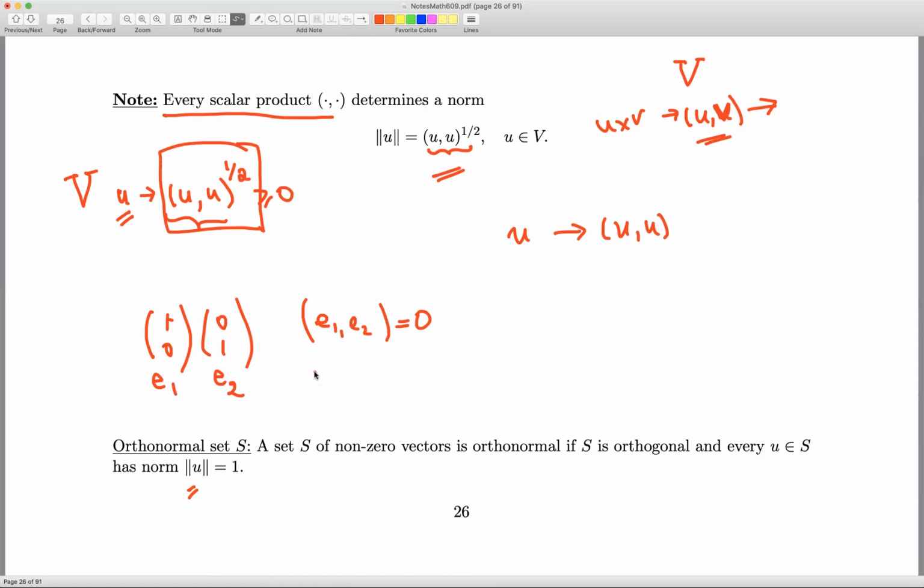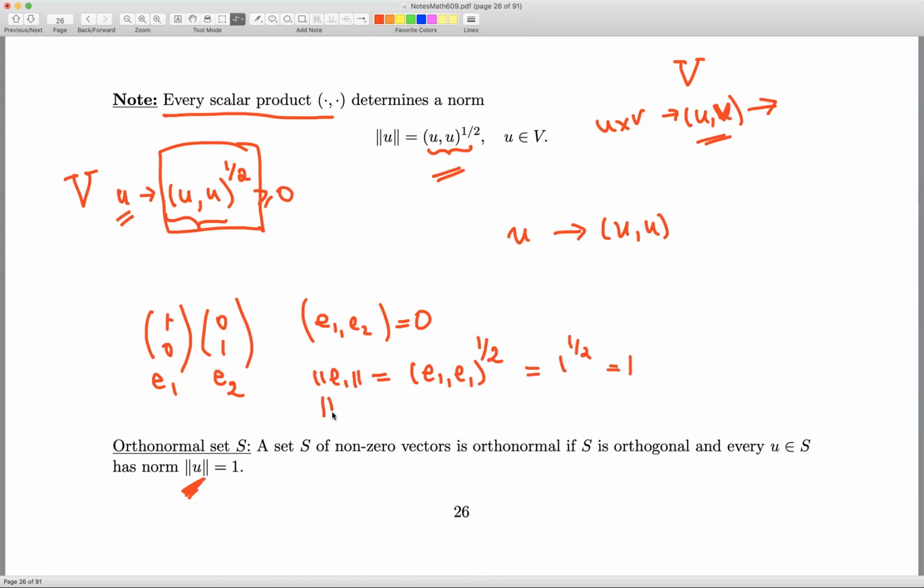Why is this the case? If we look at the norm of E1, this is the norm that is induced by the scalar product. So the norm of E1 is equal to the inner product of E1 with itself, to the power a half. We follow this definition: the scalar product of E1 with itself is 1 times 1 plus 0 times 0, so this will be 1 to the power 1/2, which is equal to 1.